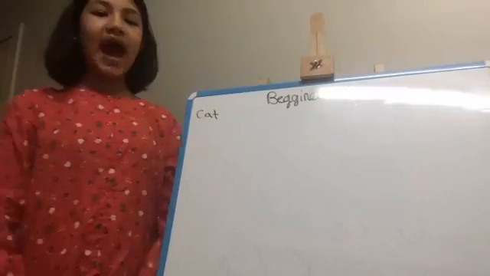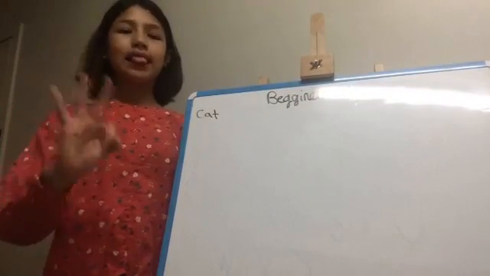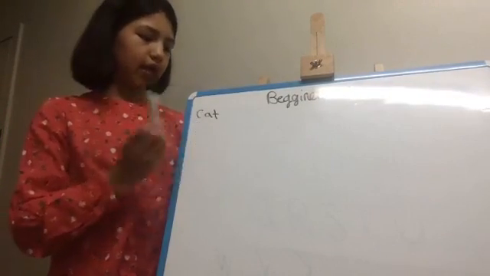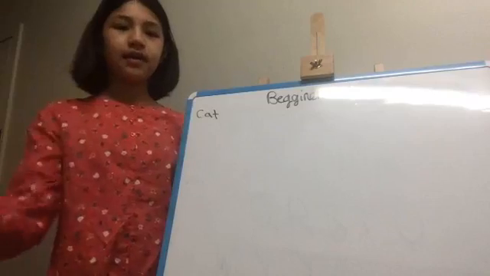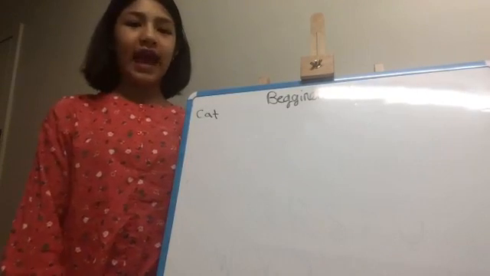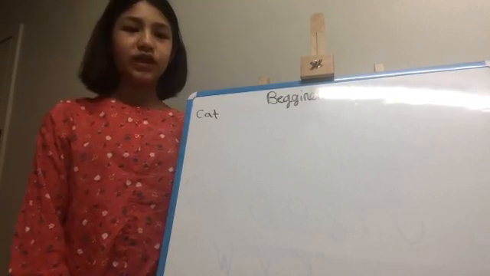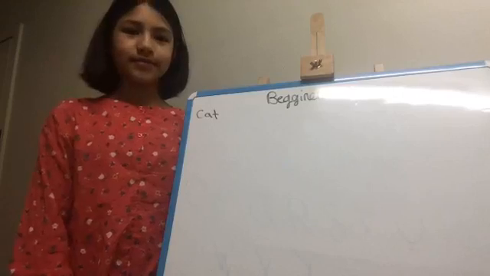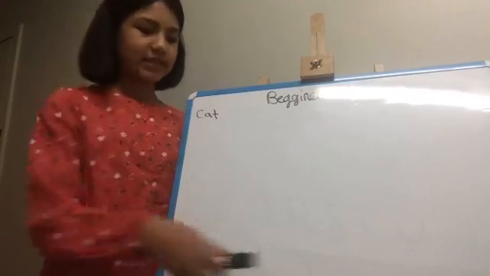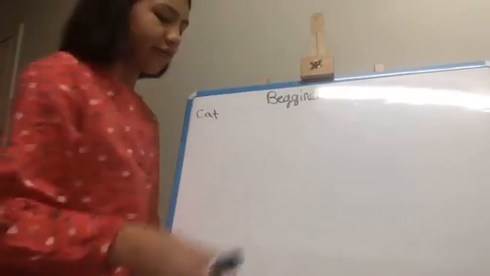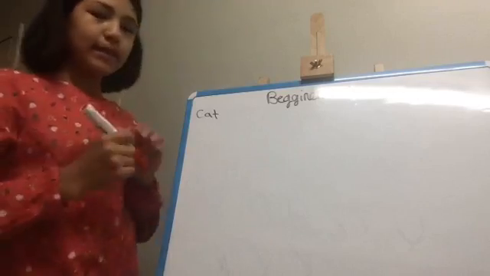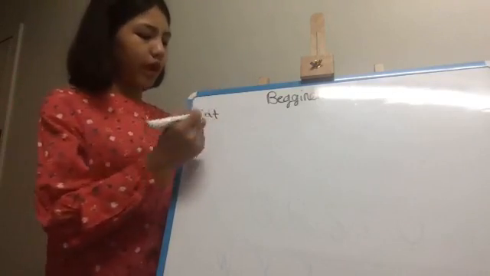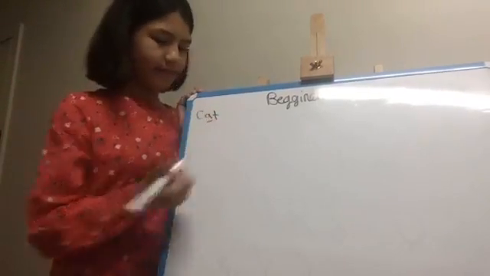The word cat has 3 letters, C, A, and T. Can you spot the vowel? Yes, correct. The vowel is in the middle of the word. It is A.